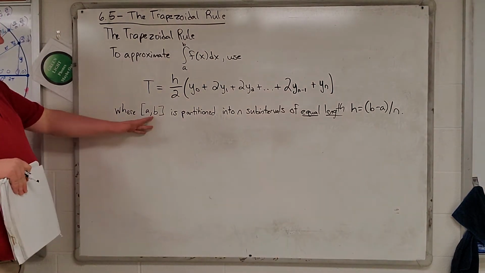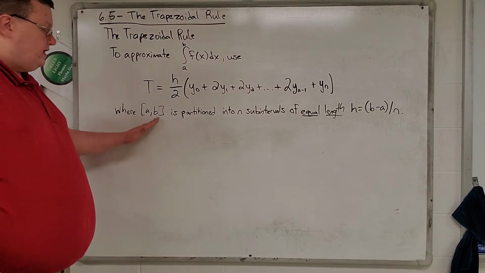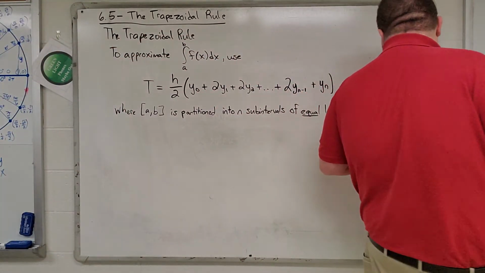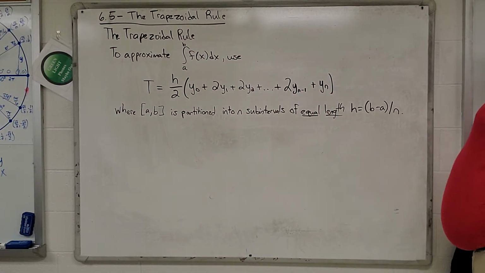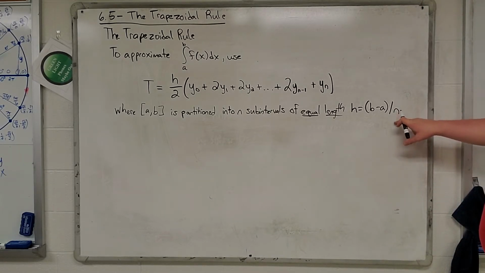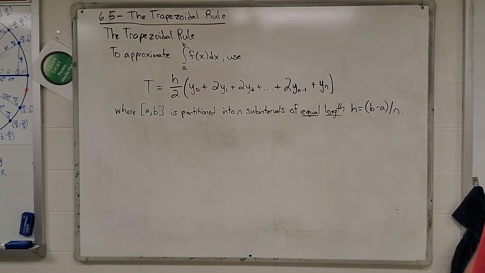Basically, you're taking your interval and dividing it up into n subintervals. So from a to b, I'm dividing that up. So I find the difference. How long is that interval? And I divide it by how many subintervals I want, n subintervals. So divided by the number of subintervals, I can get what the length of each subinterval is. That's the height of your trapezoids.